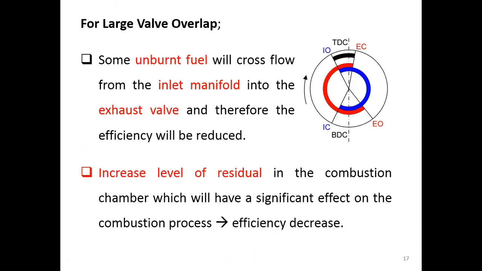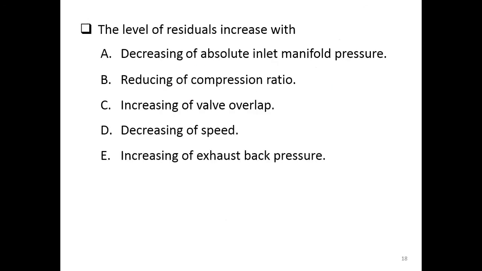When we talk about the high performance of the engine, we not only talk about efficiency, we talk about some other parameters as well. Here, they just talk about what parameter will be affected by the large valve overlap. Other parameters get a good benefit from the large valve overlap so that you can have a high performance SI engine.